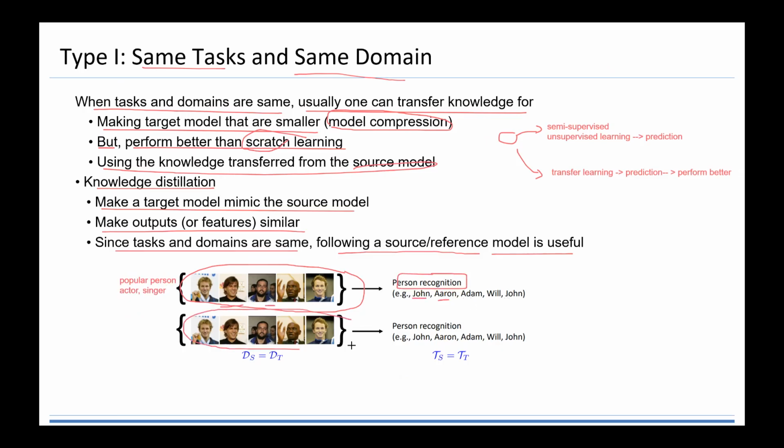I have another data set, which is totally new, or maybe some data intersect with the source data. I also have the same task, person recognition. So the task is the same, and the domain is the same, since I use pictures as the domain. In this case, we can perform classical, traditional machine learning.